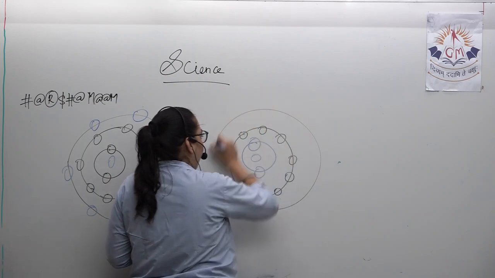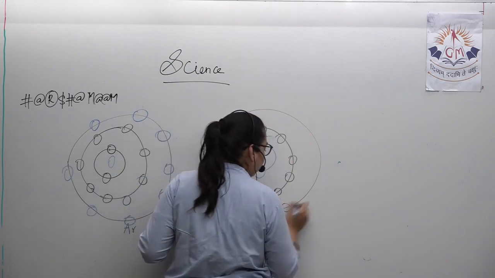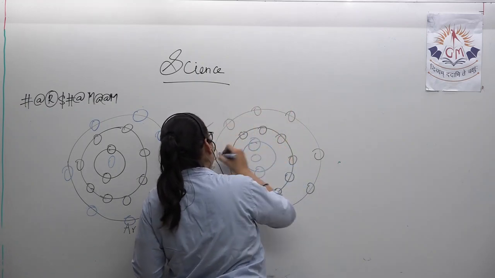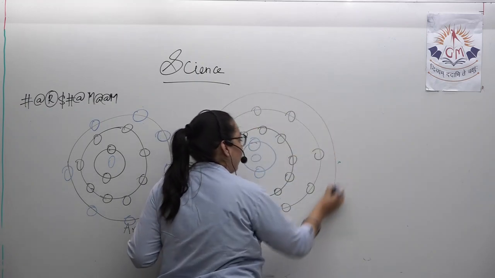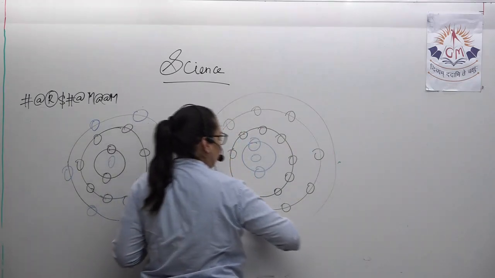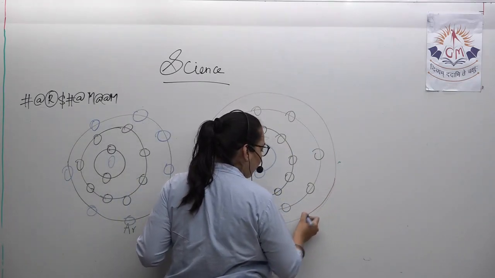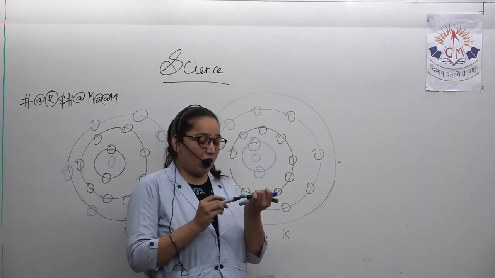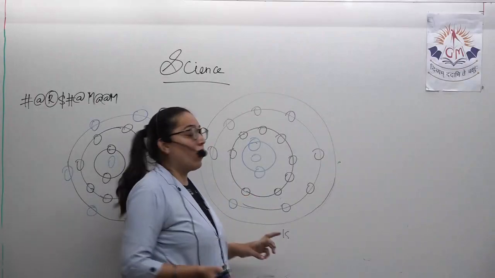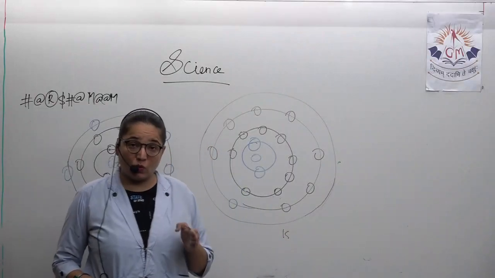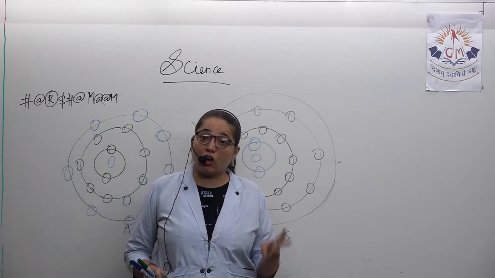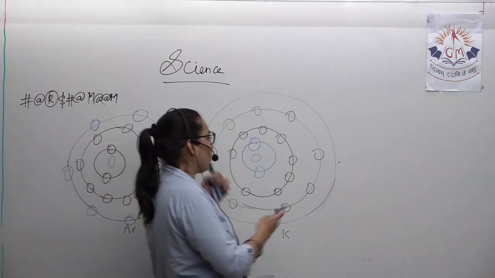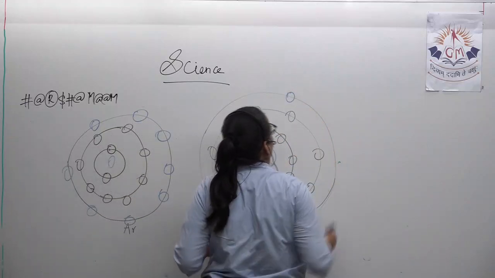Potassium is denoted by K. Its atomic number is 19. So what will be its electronic configuration? First 2, then 8. Then in the third orbit also 8, and how many are remaining? Only 1. That 1 will go in the next orbit. Okay.